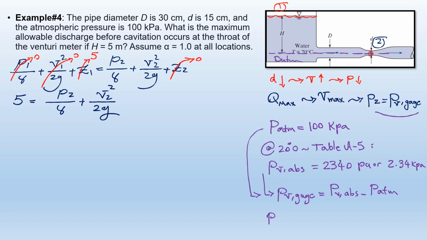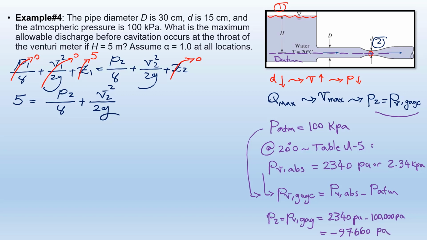So my P2, which is equal to vapor pressure gauge, is equal to 2340 Pascal minus 100,000 Pascal, which would be equal to negative 97,660 Pascal.